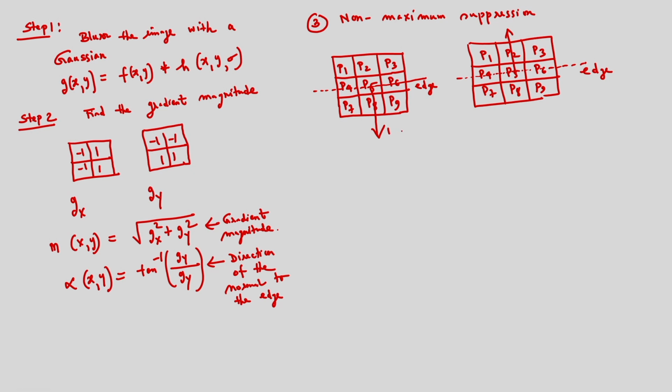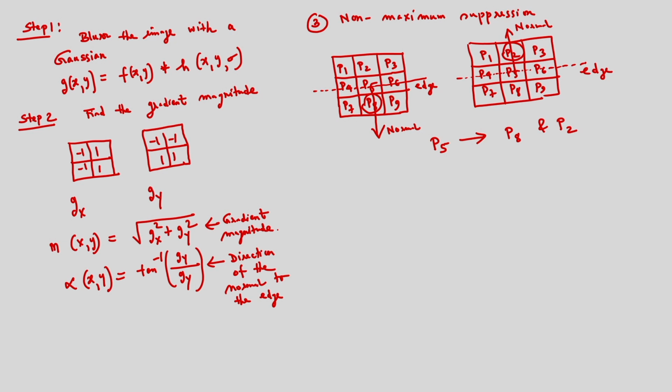So I am considering this normal, and also this normal. Based on these normals, corresponding to the pixel P5, I have two neighborhood pixels: one is P8 and another is P2.